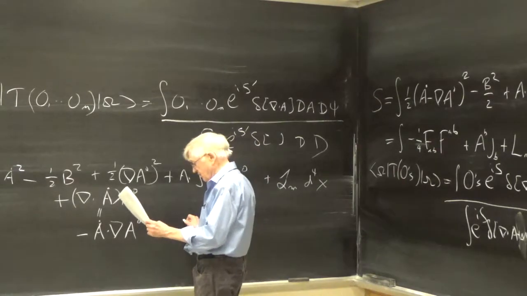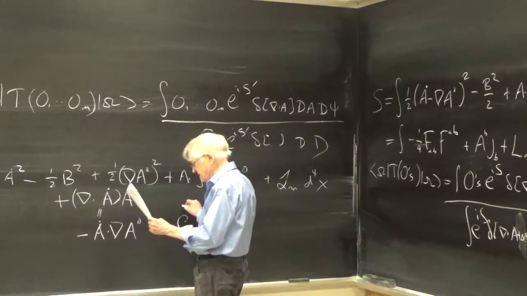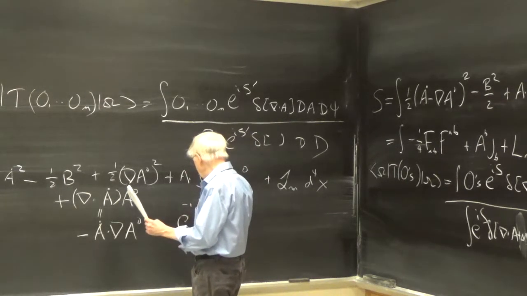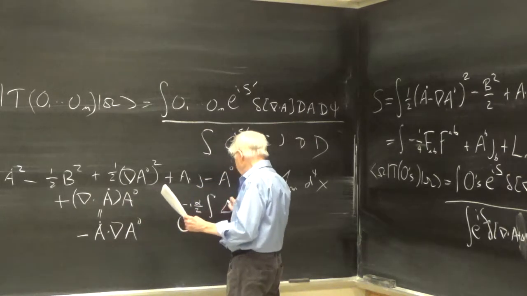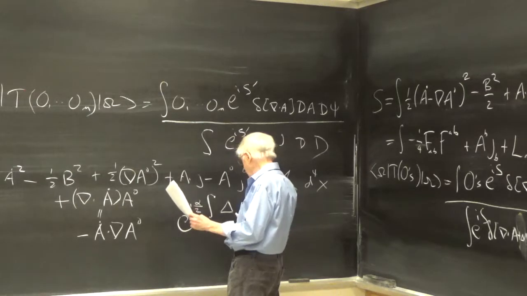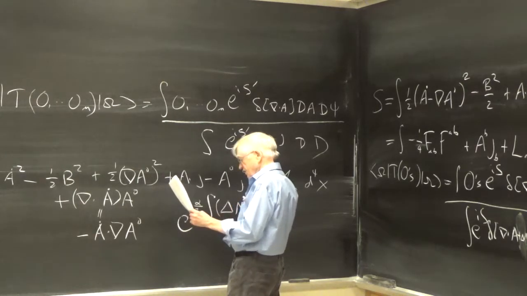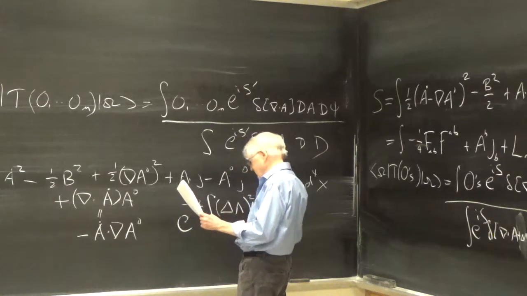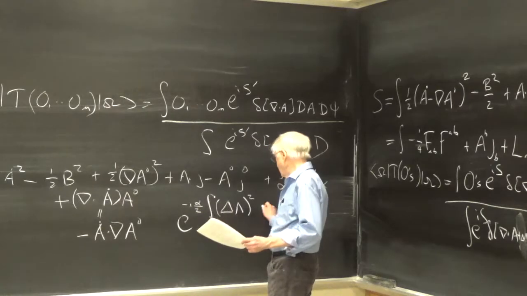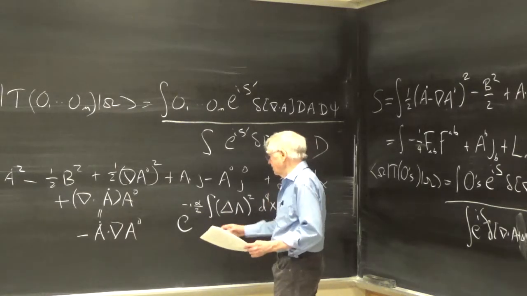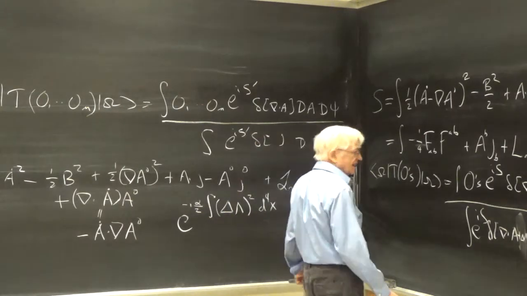So the factor I'm going to multiply by is e to the minus iα over 2, an integral of the Laplacian of this gauge function, d⁴x. So I'm going to multiply top and bottom by that.